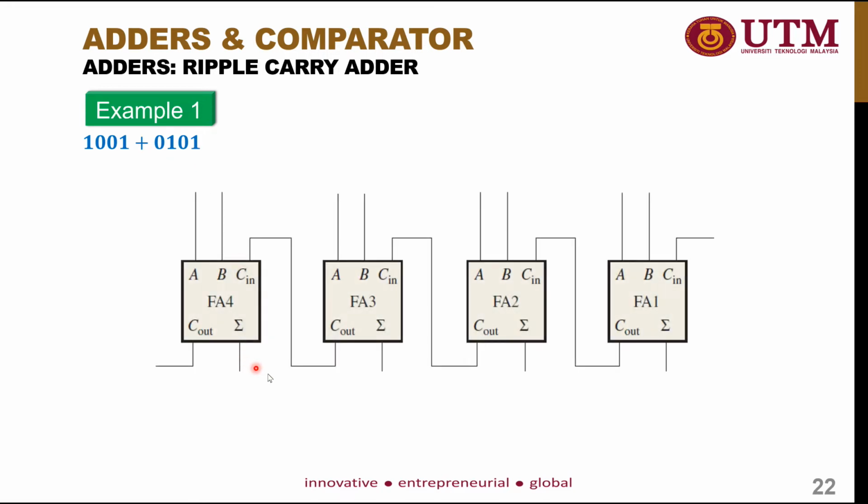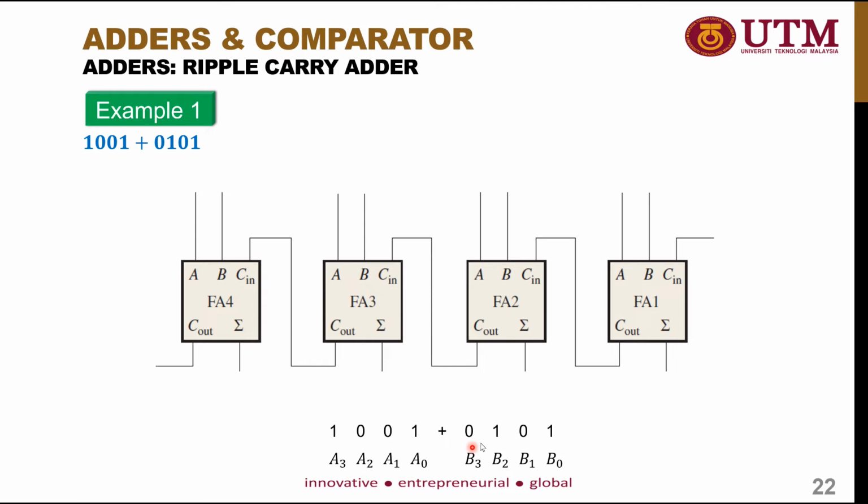So this is the logic diagram for the ripple carry adder, which consists of 4 different full adders. This is the categorization that I've mentioned to you before. The first 4 bits of the number, which is 1001, the MSB part of the number will represent A3, and the LSB part of the number will represent A0.